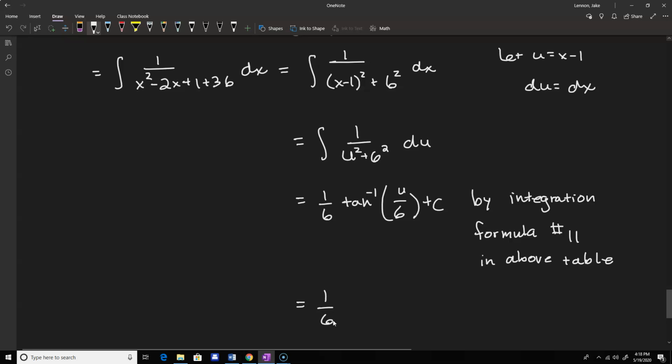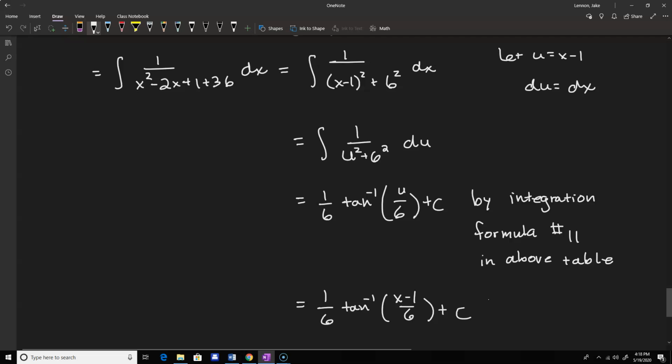So this is 1/6 the inverse tangent of (x minus 1) over 6 plus a constant value. And that's it for this problem. So this one is applying the inverse tangent formula, which was number 11 above, along with the idea of completing the square.